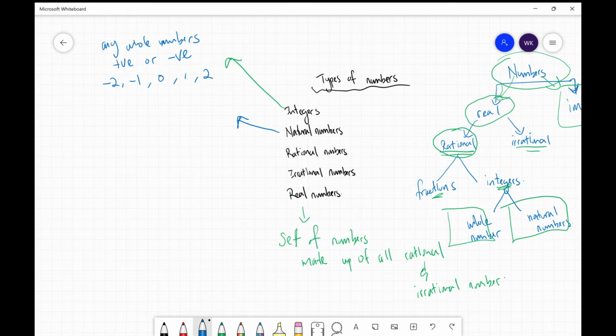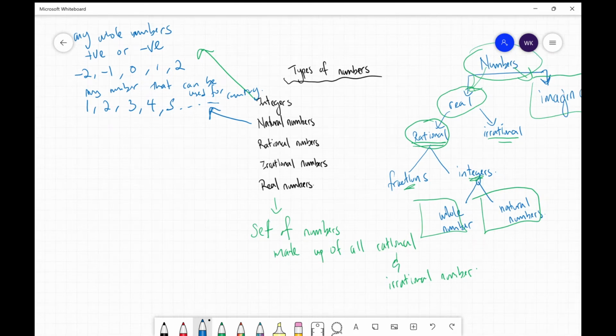So when you count something, you use 1, 2, 3, 4, 5, etc. So any numbers that can be used for counting. Right. So now we have covered integers.